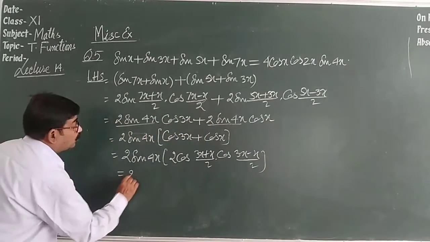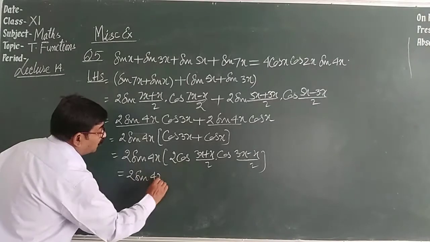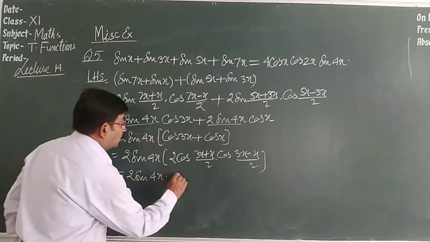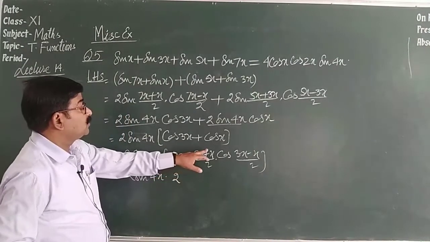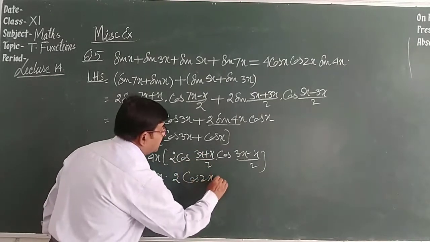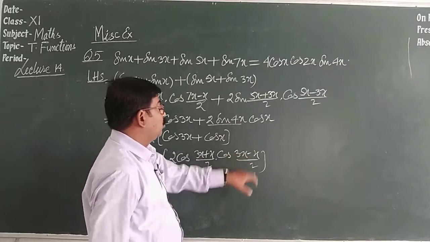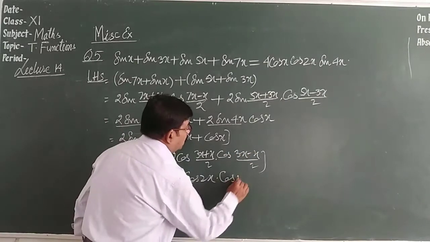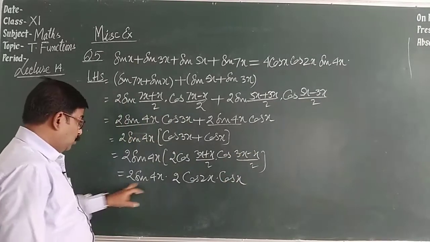Here we have 2 sin 4x into 2 cos 2x, and 3 minus 1, 2 by 2 is 1, cos x. So see what is the result? 2 twos are 4.